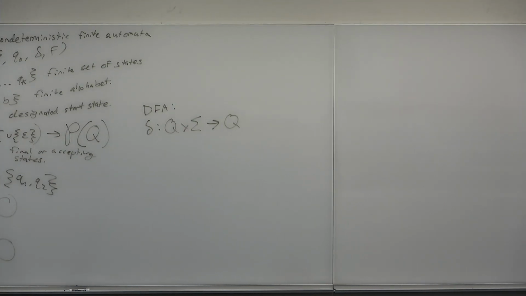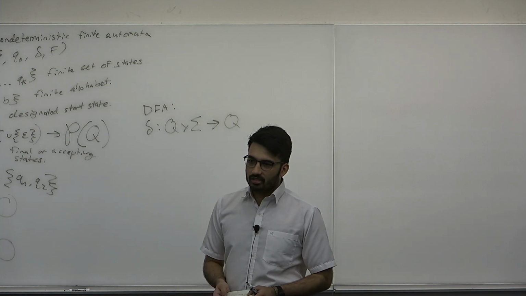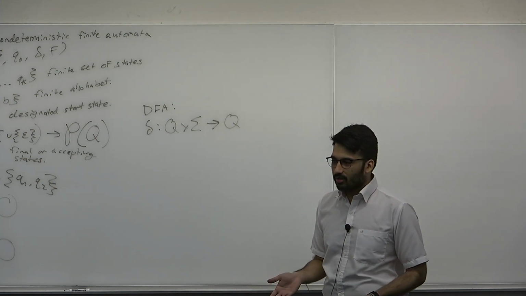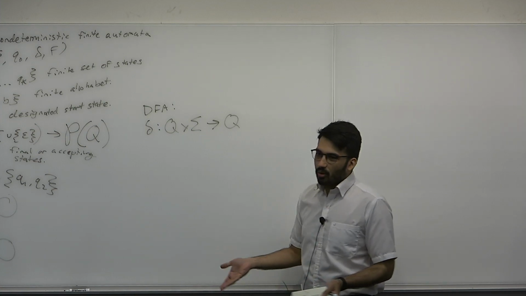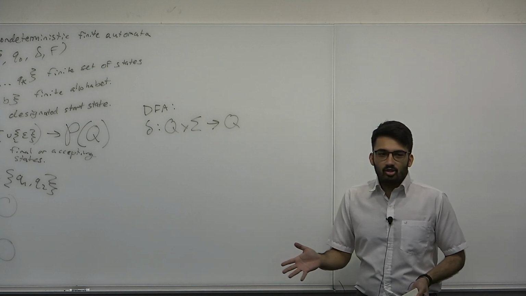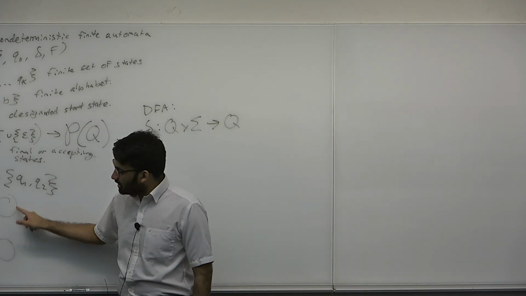Let me give you some analogies about nondeterminism, because it makes people really uncomfortable the first time they see it. First off, nondeterminism isn't real. We're all deterministic. We come to a choice, we make a choice, and we don't get to choose both things. A program cannot be in a superposition of states at once. Here, you're in both of these states at once.